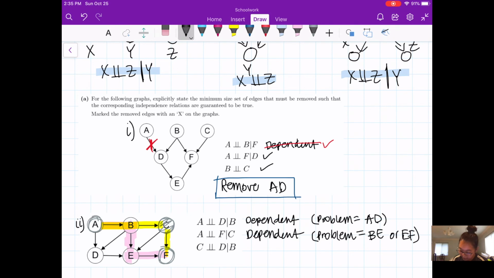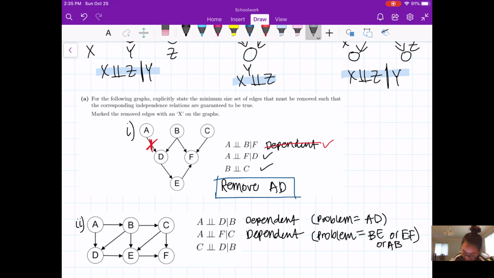And another possibility is removing AB, because those are the different links along the path. Cool. And there are a lot of other paths to get from A to F, but I'm stopping at the first dependent path that I see, because then I know it's already a problem and therefore don't need to enumerate and try all the other ones out.